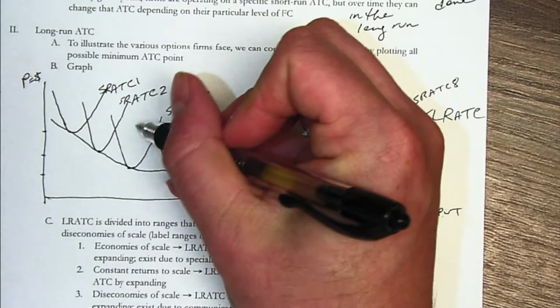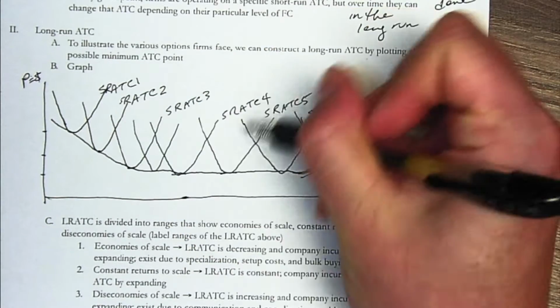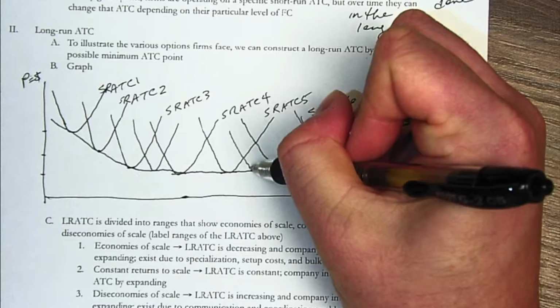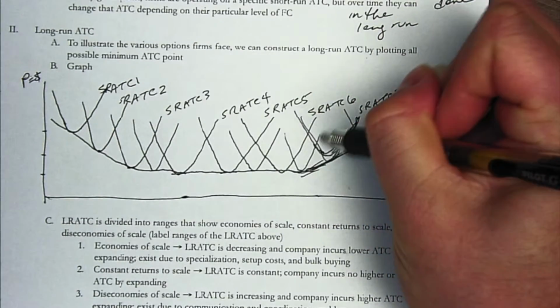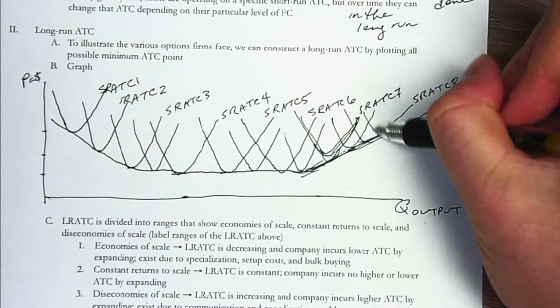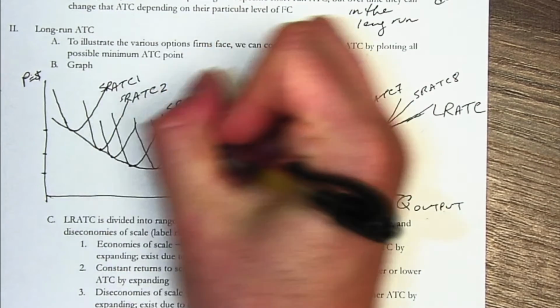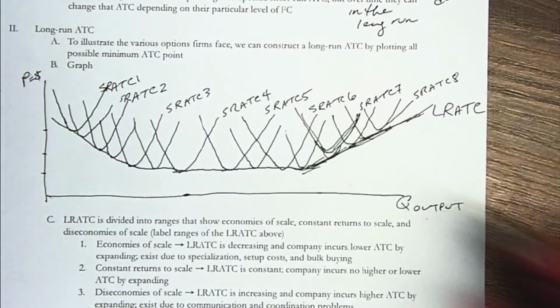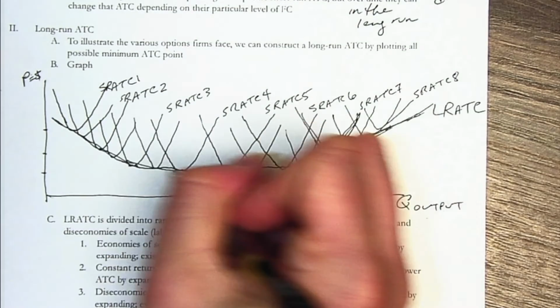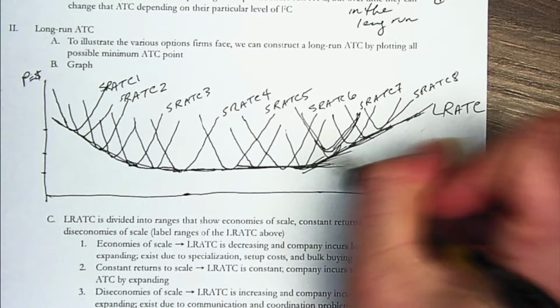So you would have a ton of little ones in here too, where these operate, right? There are tons of them operating in here that represent all those different possibilities. And the minimum points, if you linked up all the minimums, is actually where this LRATC comes from. That's where that comes from.